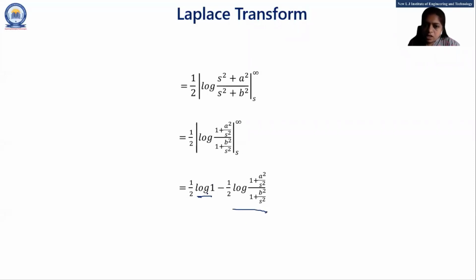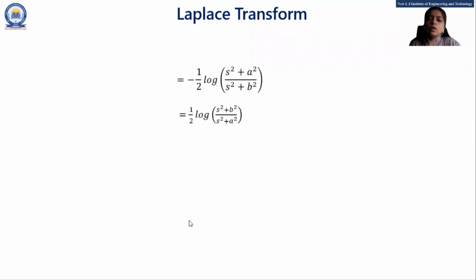Log 1 is again 0. This term is 0. So our answer is minus 1/2 log s square plus a square upon s square plus b square. If we interchange our numerator and denominator, then the minus sign is removed, and our final answer is 1/2 log s square plus b square upon s square plus a square.